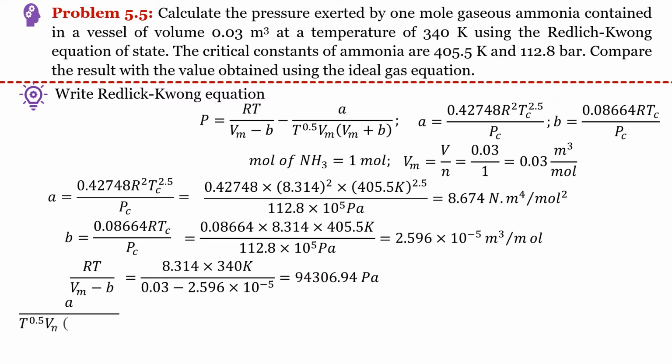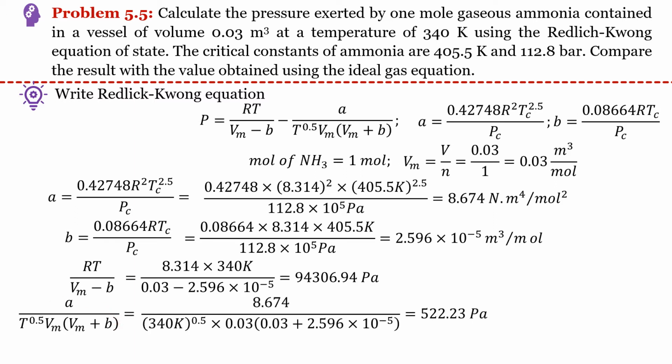Now we can find out this parameter, that is A divided by T raised to power 0.5 into Vm into Vm plus B. After putting all values, we will get 522.23 Pascal. So we have estimated these two terms.